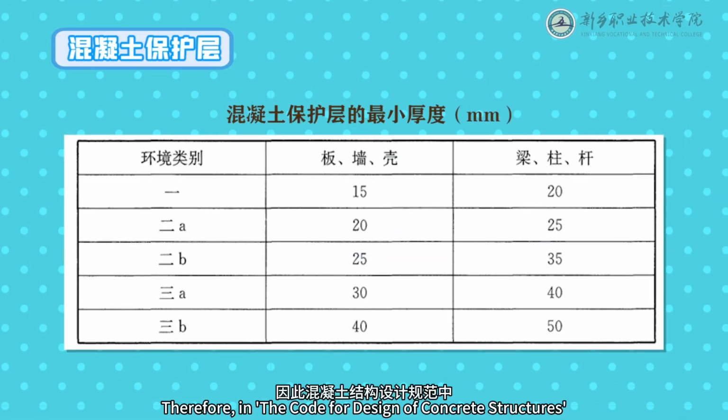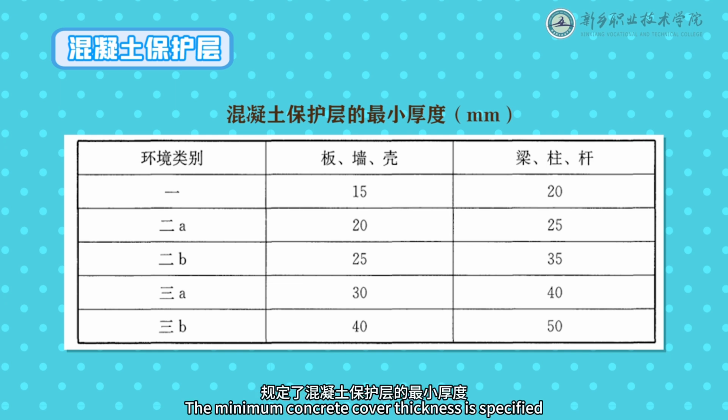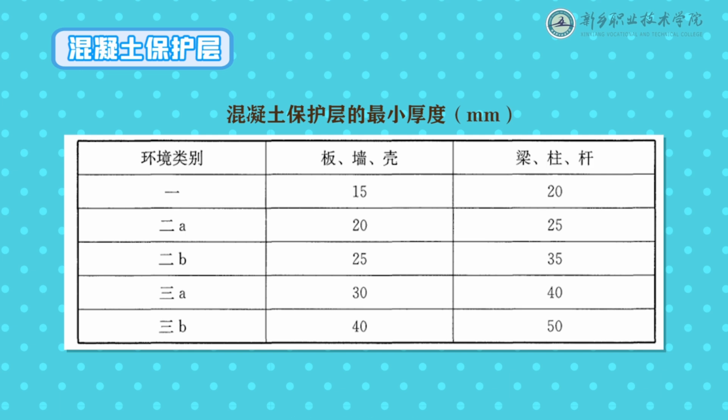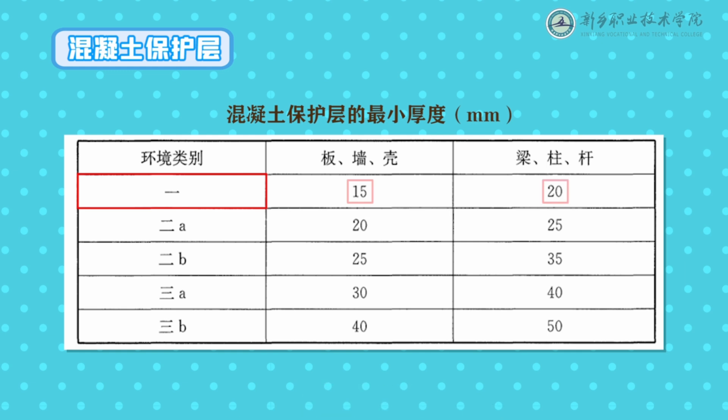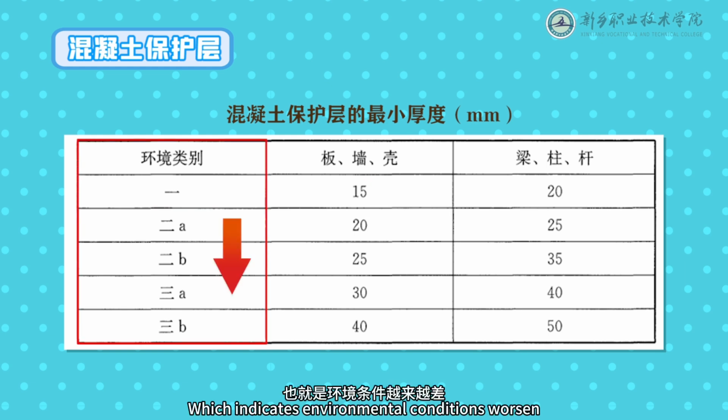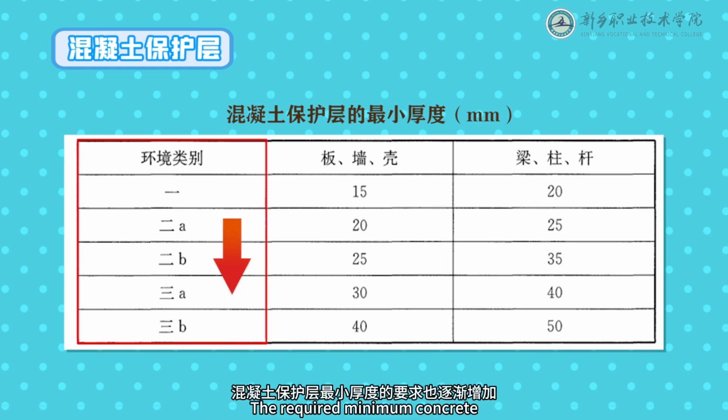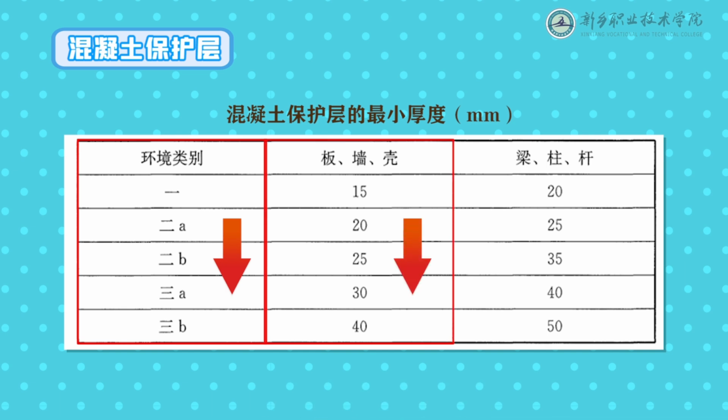Therefore, in the Code for Design of Concrete Structures, the minimum concrete cover thickness is specified, as shown in the table. For Class I environment, the minimum concrete cover for slab and wall members is 15 mm, while that for beams and columns is 20 mm. As the environmental category increases, which indicates environmental conditions worsen, the required minimum concrete cover thickness gradually increases.